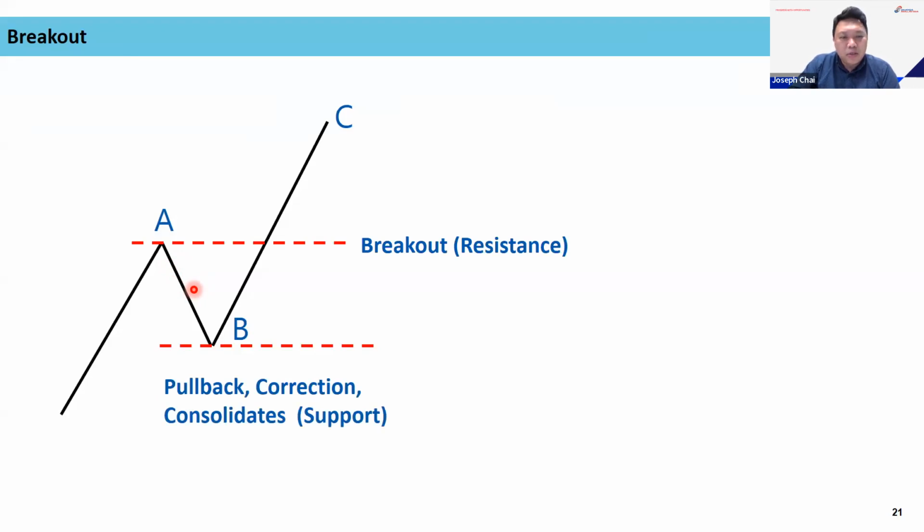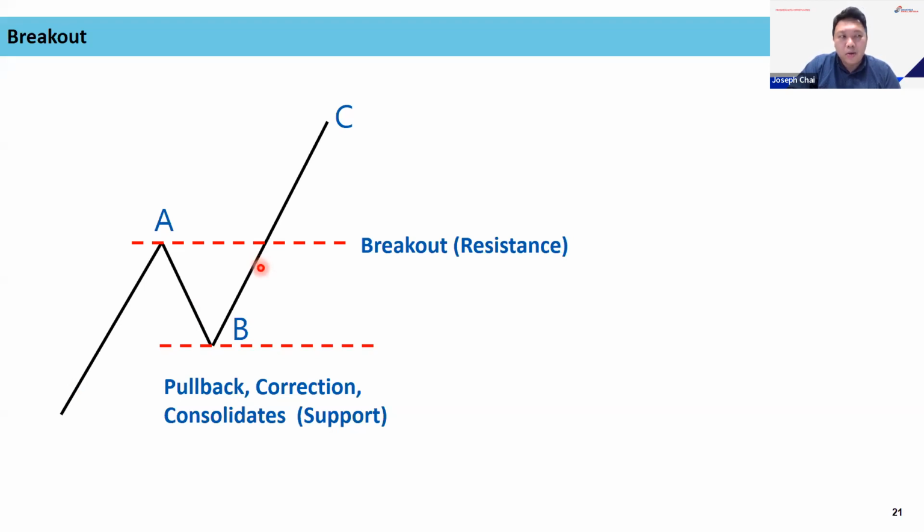So this is the pullback, and this is the breakout. At the pullback you can buy one, and at the breakout you can buy again. Tonight, what I want to share is that when the market tanks near the bottom, you buy one lot, when there's a consolidation, you buy another lot, and when there's a breakout, you buy another lot. If you are very short-term trading, you can look at what I've shared on the candlestick, R1, R2, R3.